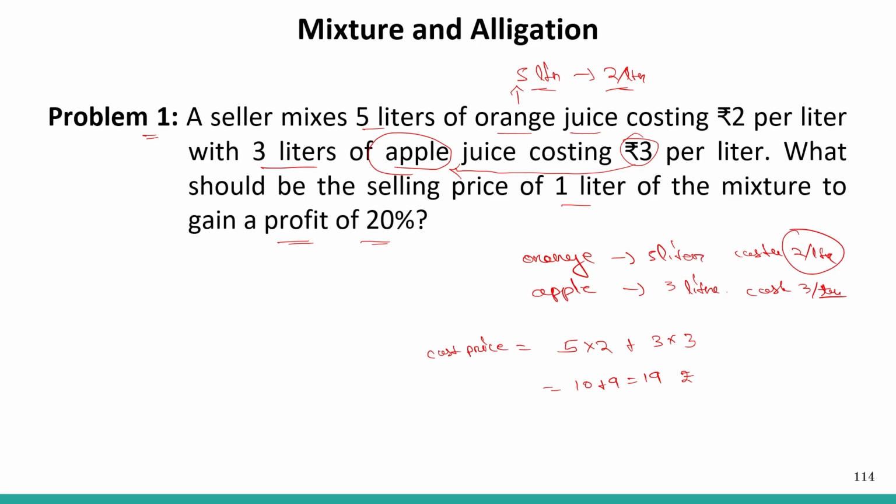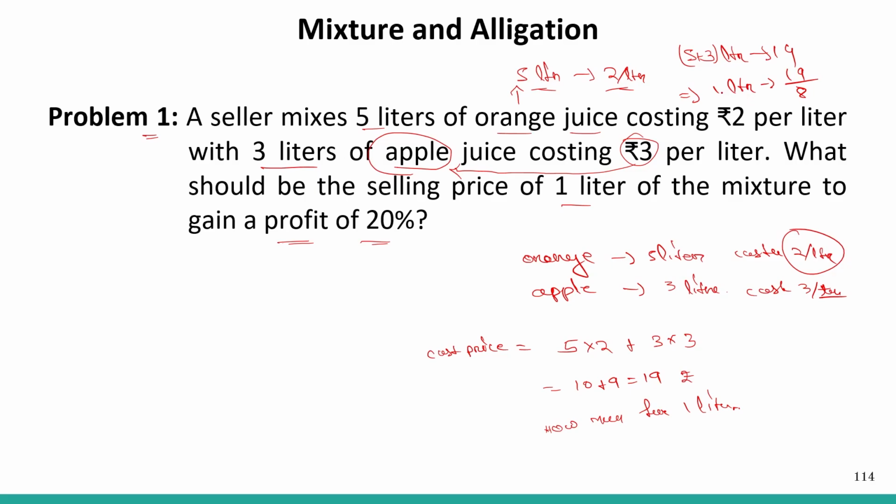So this much amount of money will be invested in total. So how much for 1 liter? Given that 5 plus 3 liters cost 19, this implies that 1 liter costs 19 by 5 plus 3, that is 19 by 8. So this much amount costs for 1 liter.